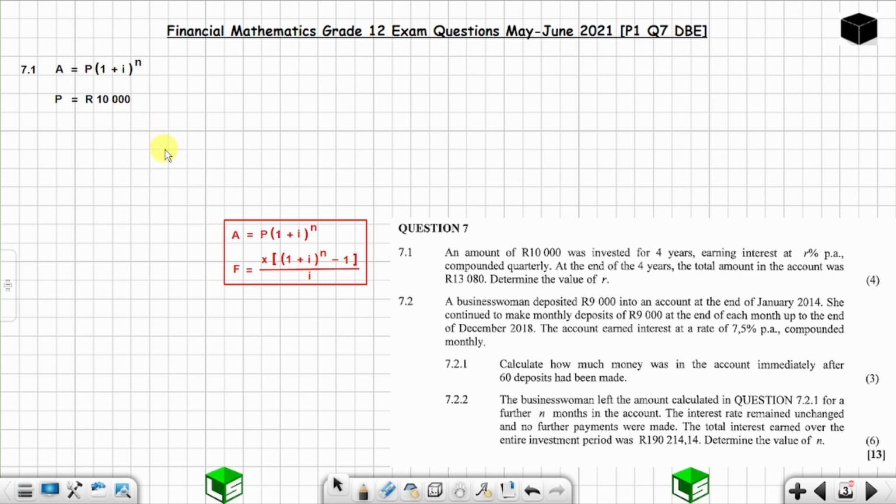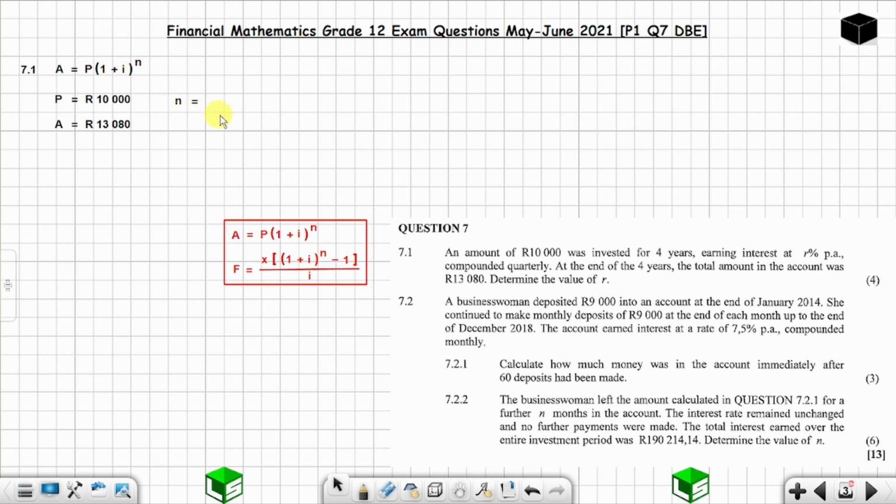And the question is to find R. The value of A, the final amount at the end of the 4 years, is 13,080. And N, what is N equal to?